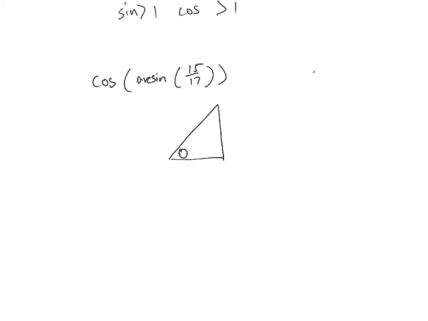That means the sine value had to have been 15/17. That means my opposite had to be 15 and my hypotenuse had to be 17. If you use the Pythagorean theorem, or if you recognize this as a special triangle, this is an 8, 15, 17. Both methods will give you the fact that it's 8.